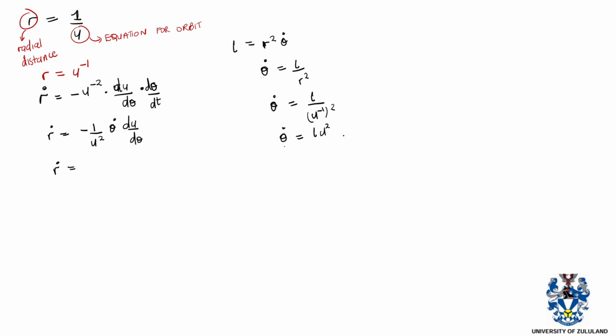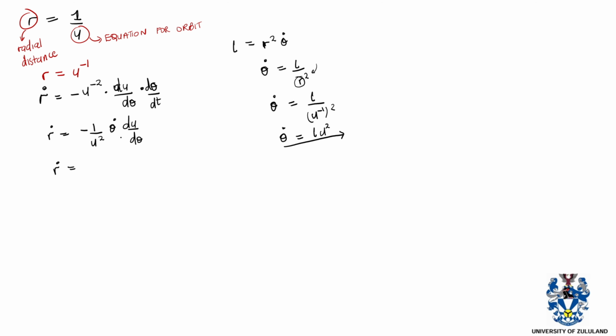I hope that you see the mathematics that's happening here. Basically, we have substituted r into this equation. r is equal to 1 over u, and then there's a square here, so this is just going to be 1 over u squared. You take the u out upwards.